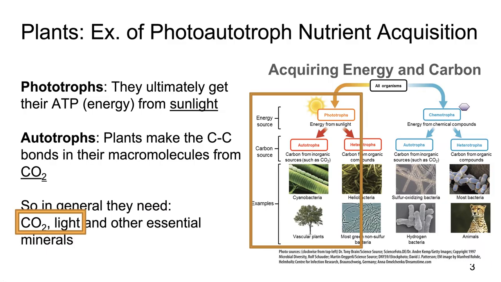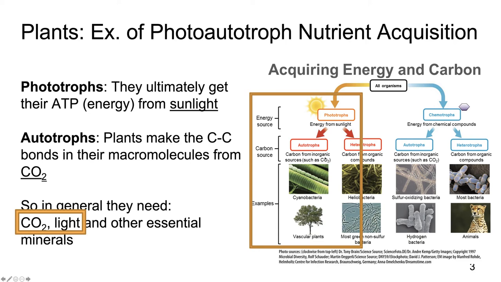So remember that plants are examples of photoautotrophs. All organisms can be broken down into their different sorts of trophies for how they acquire energy and the carbon source that they use. Plants are photoautotrophs. They acquire their energy from sunlight, and their carbon source, so remember we're carbon-based organisms, they get from inorganic sources. Inorganic sources mean non-living sources.